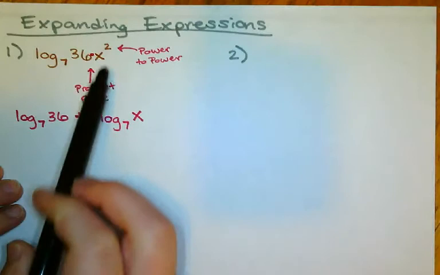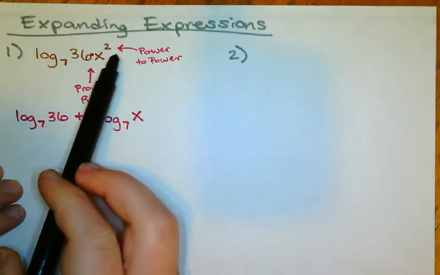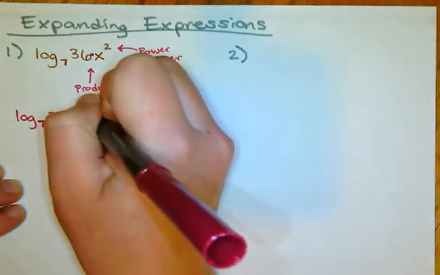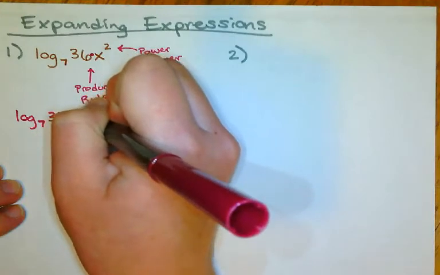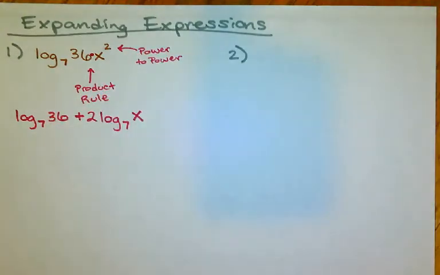What can we do when we've got a power? We bring it to the front of that log. So I'm going to put that squared in front, and there we go. We have expanded our expression, using multiple rules at one time.